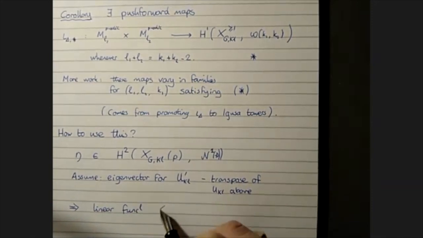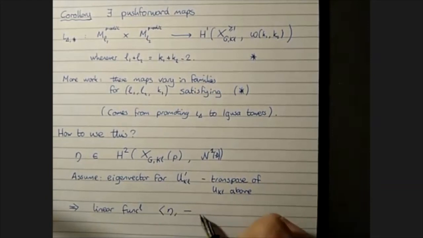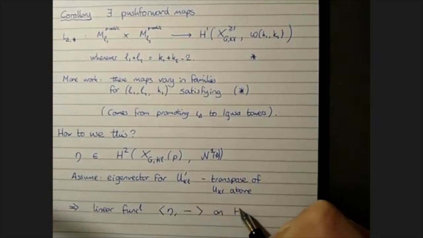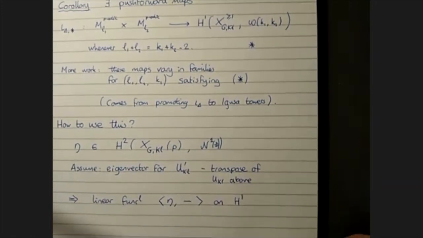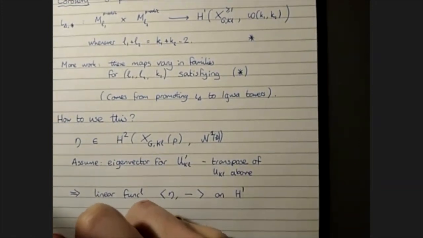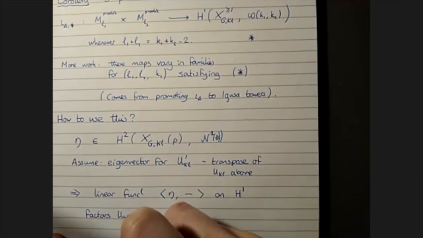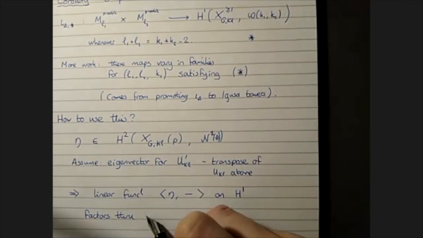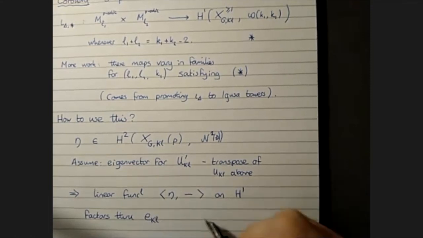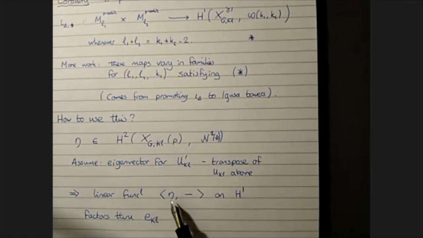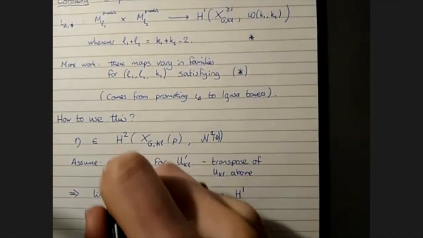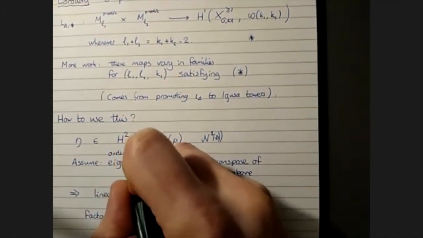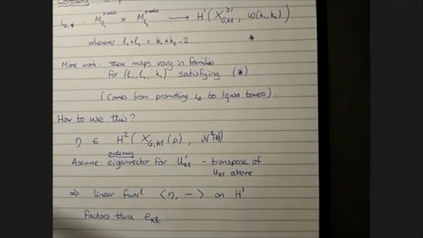And this means that the linear functional you get by pairing with eta, which is a linear functional on the H1, factors through the ordinary projector. Sorry, I should say it's an ordinary eigenvector. So there's some ordinarity condition here. We want it to be an eigenvector for the transpose Euclidean operator with unit eigenvalue.